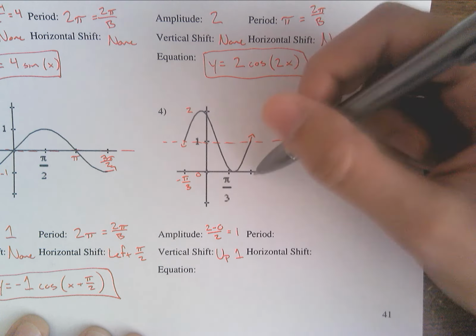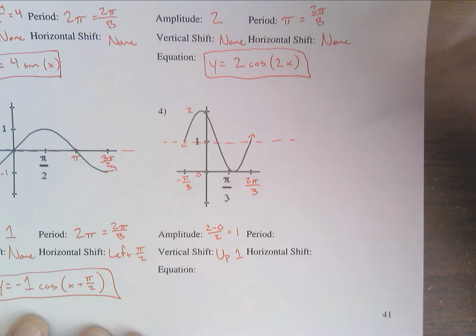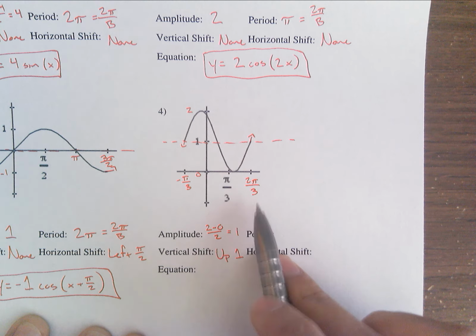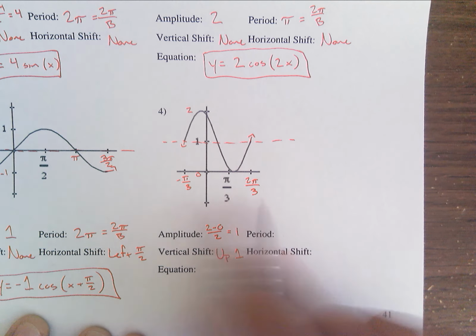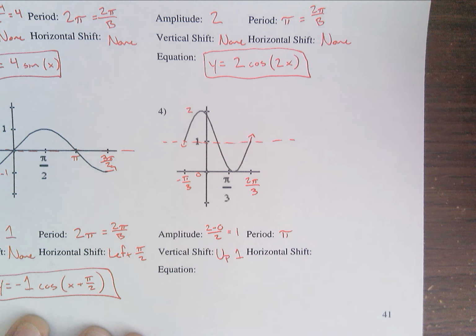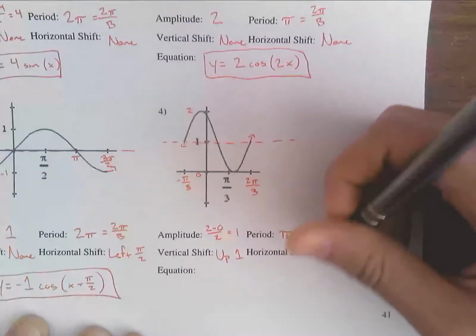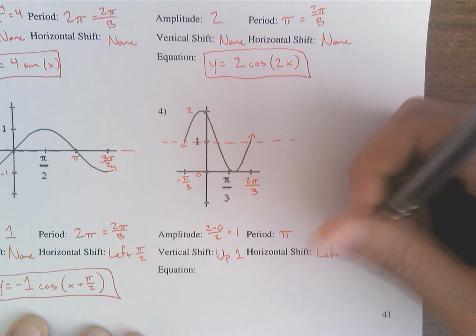Another mark in the positive direction would be 2 pi thirds. So our period from negative pi thirds to 2 pi thirds is a total distance of 3 pi thirds or pi. Our horizontal shift is to the left pi thirds. That's where our cycle begins.